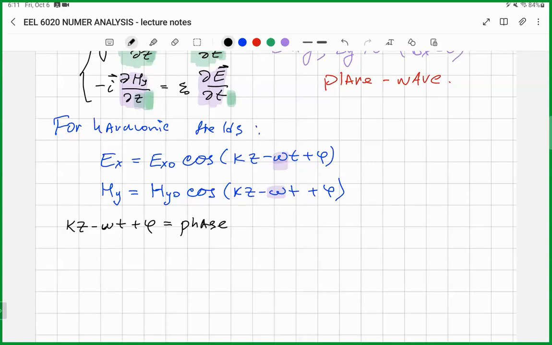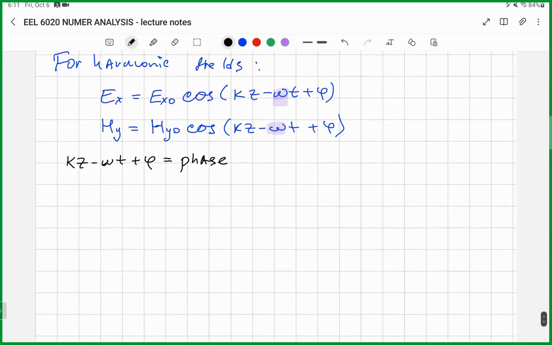And let me take the time derivative of this phase. The time derivative of the phase itself is 0. Let me write step by step.